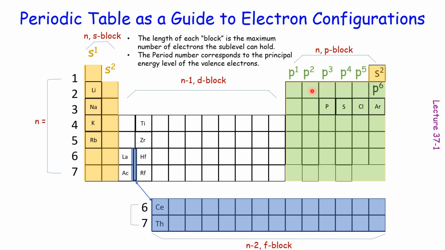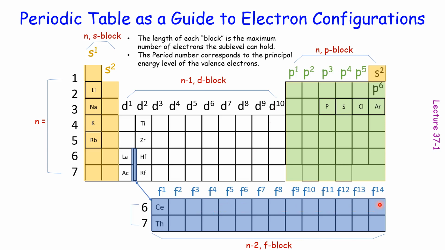And for P, there are 3 P orbitals. Each orbital can accommodate 2 electrons. Therefore, the maximum number of electrons in the P block is 6. For D block, a maximum of 10 electrons can be accommodated, and for F block, a maximum of 14.